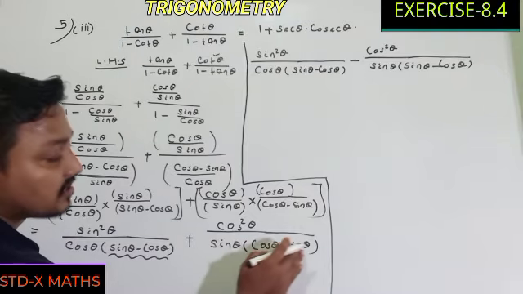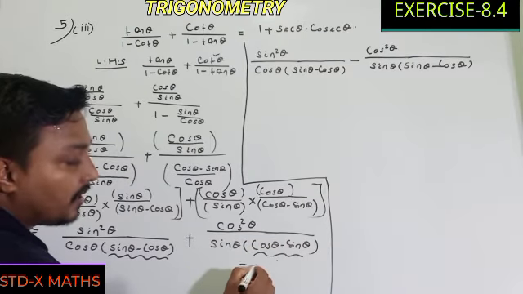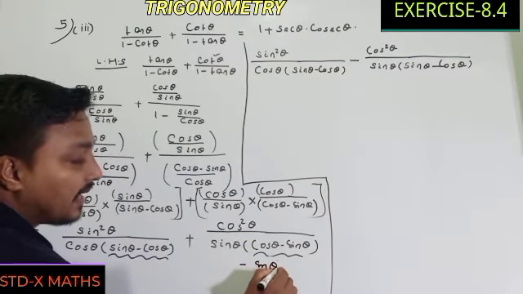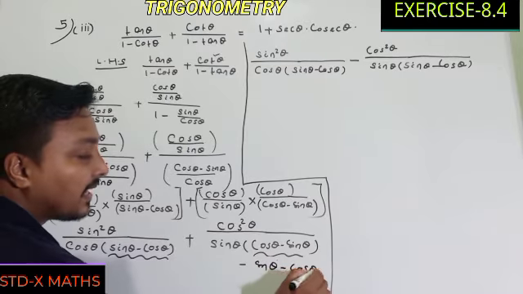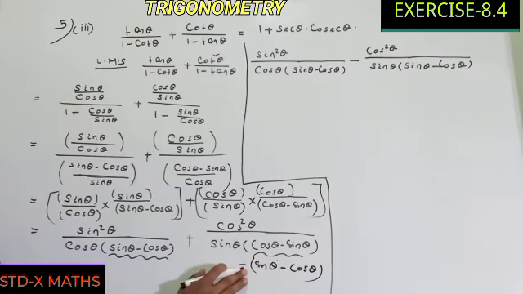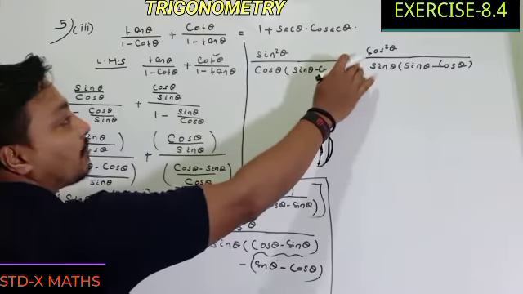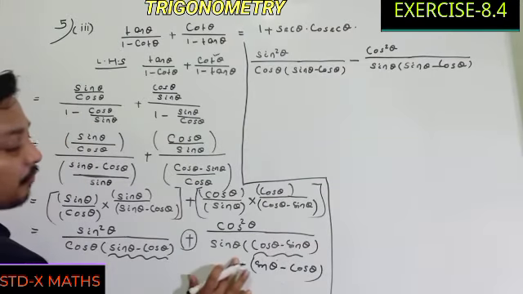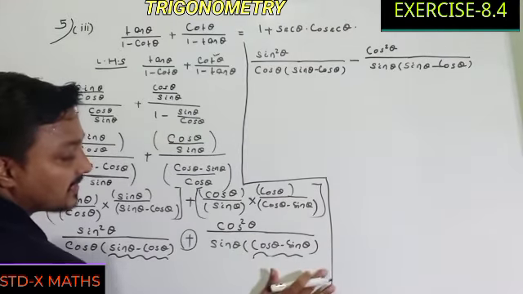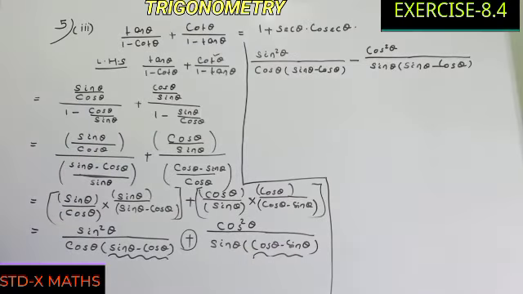On changing cos theta minus sin theta in the form of minus sin theta minus cos theta, actually this minus makes the total term minus. So in the next step this plus sign I change by giving the minus sign, and only this order is changed, a minus b becomes b minus a.